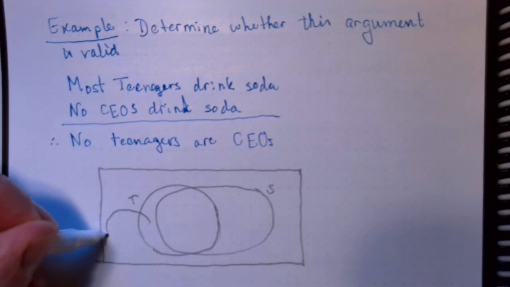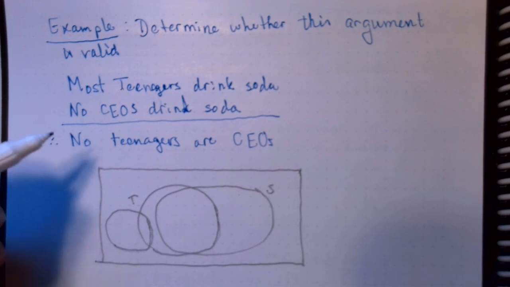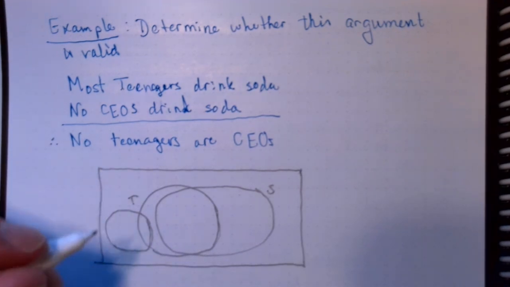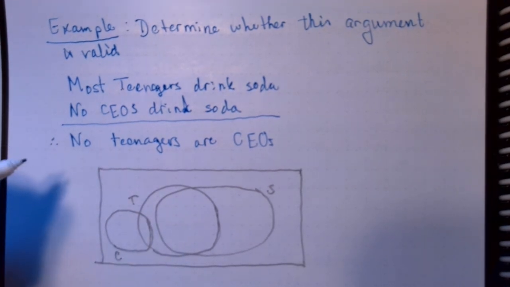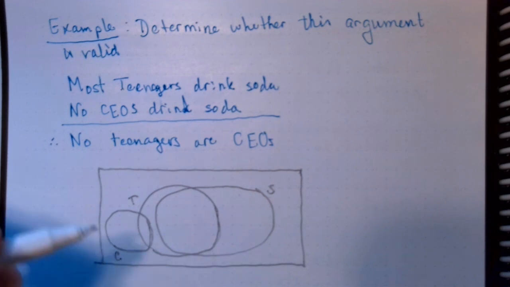So this circle I'm drawing right here, this circle fits the second premise. Okay? That set is away from the set of soda drinkers.